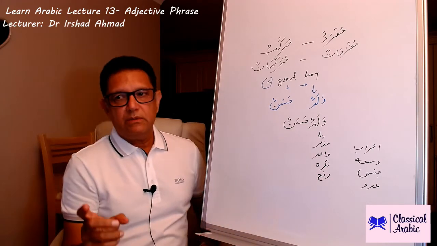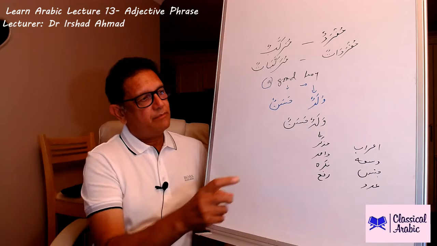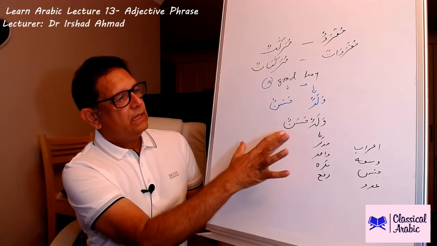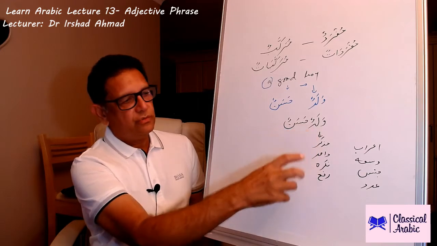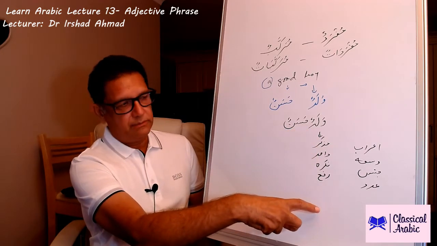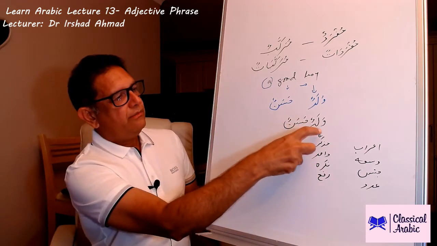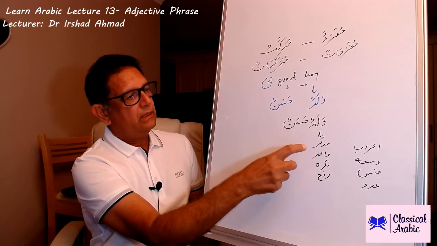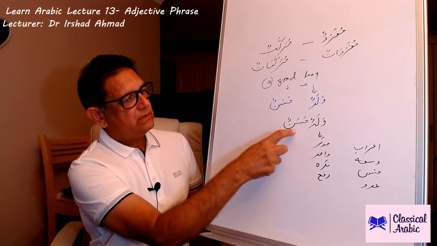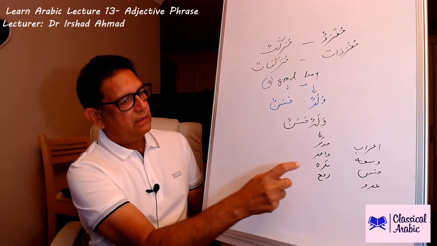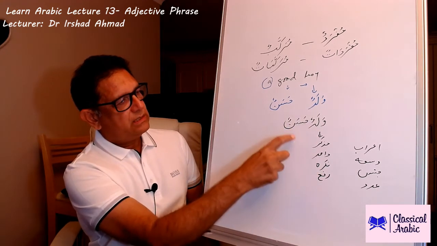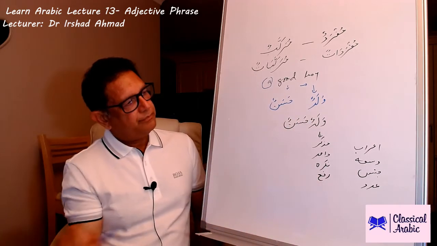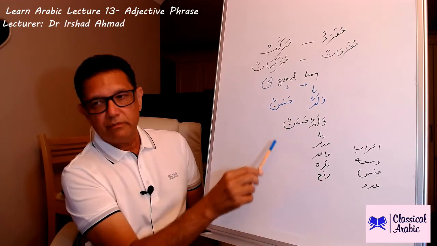Now what happens in murakkab tawsifi is that sifa follows mawsuf, and sifa will have to follow mawsoof in all these four aspects. If mawsoof is muzakkar, sifa will have to be muzakkar. If mawsoof is wahid, sifa will have to be wahid. If mawsoof is nakira, sifa will have to be nakira. If mawsoof is in rafa, sifa will have to be in rafa.